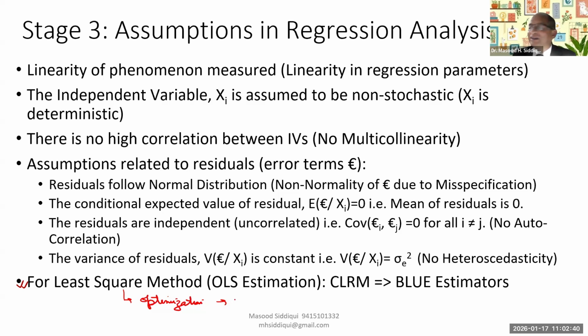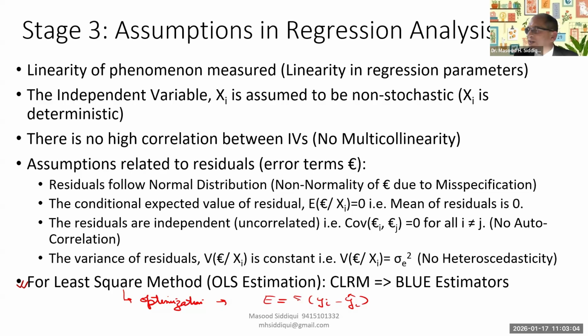And what is the optimization method being used? We have mentioned the term error. So this error is actually the difference of the actual value, that is yi, also known as the observed value, and the estimated or predicted value, y cap. What we want is that this difference should be as low as possible.